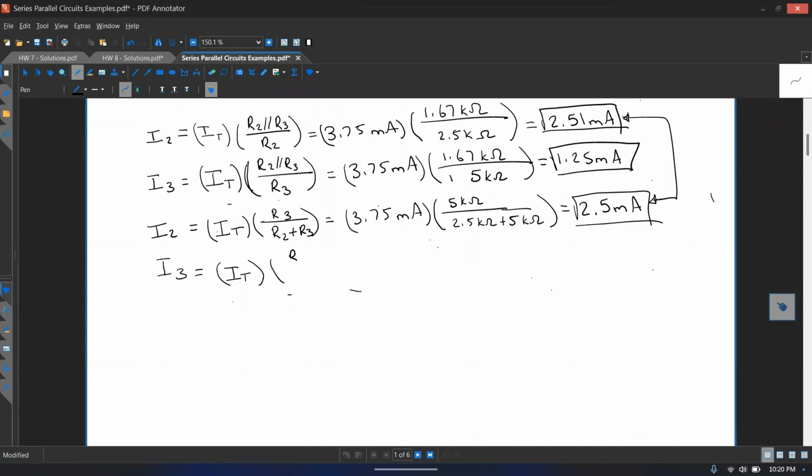So this will be R2 divided by R2 plus R3. 3.75 milliamps times 2.5 kilohms divided by 2.5 kilohms plus 5 kilohms.